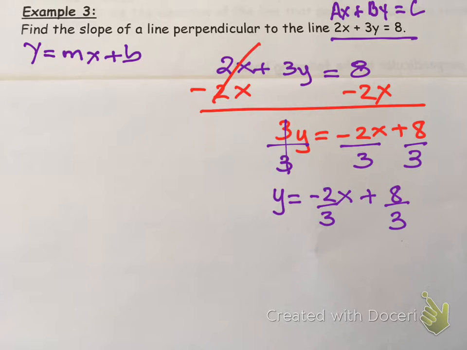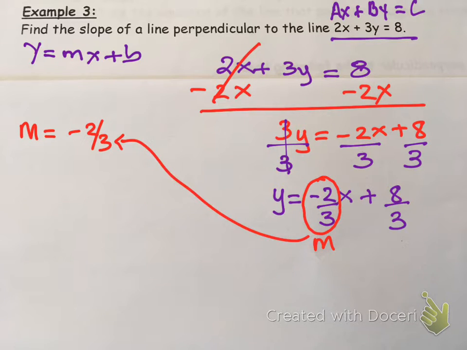Now, what is my slope? My slope is right here, m. Not mx, m. This is my slope, m. So my slope is negative 2/3. That's the slope of that line. Now a line that's perpendicular to this line is going to have a slope that is the negative reciprocal.